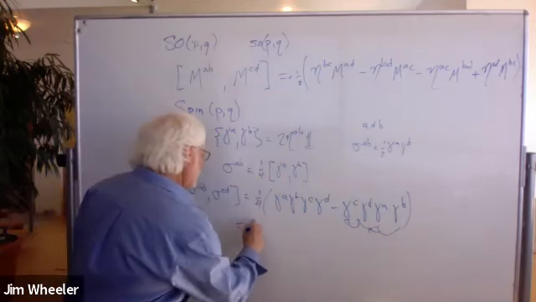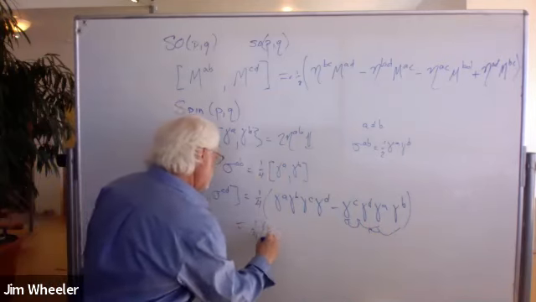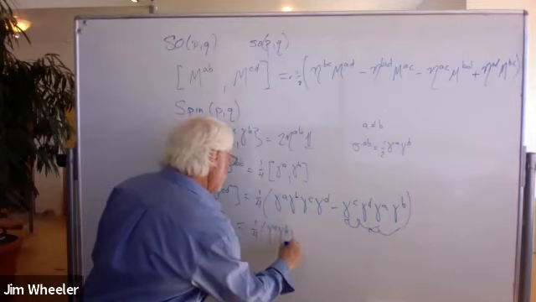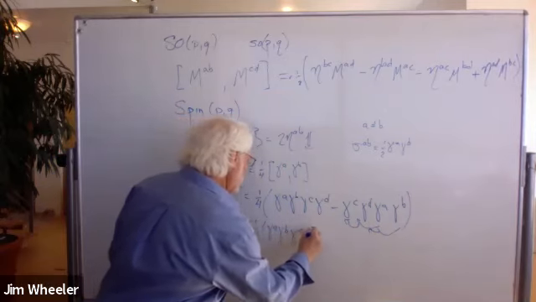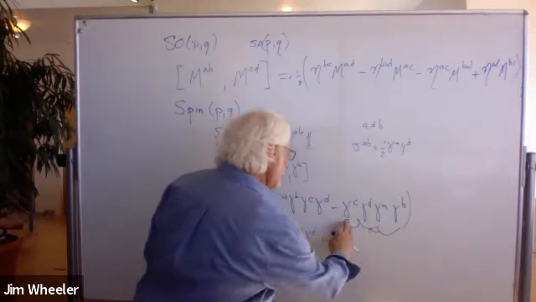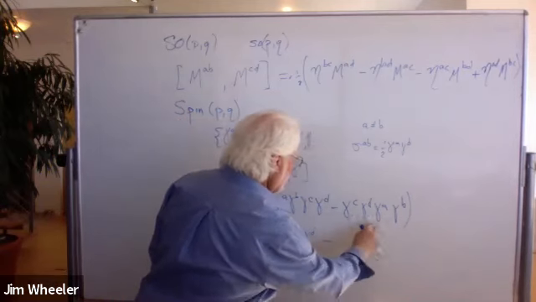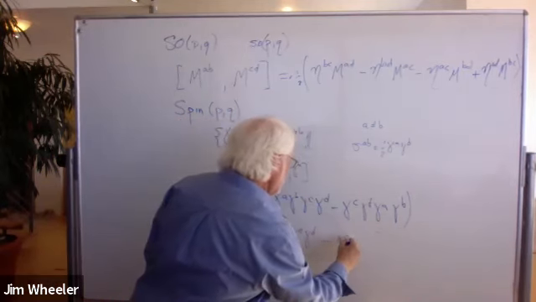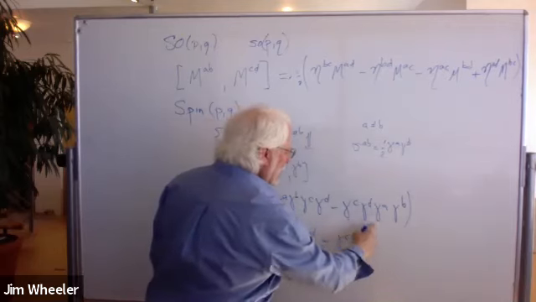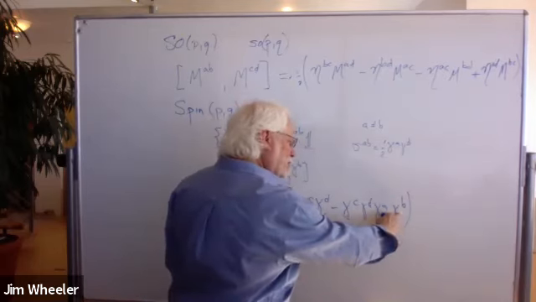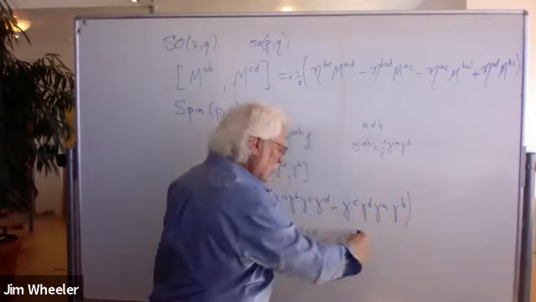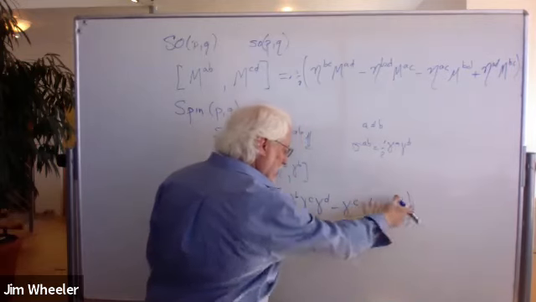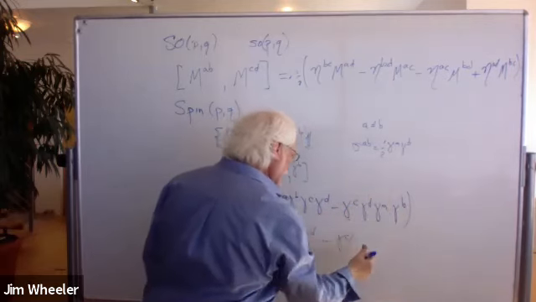This takes quite a few lines to do. It's all in the book, but I can move one of these. So I have gamma C, then gamma D, gamma A. Remember, A is not equal to B, C is not equal to D, but A could equal D, C could equal D, B could equal D.